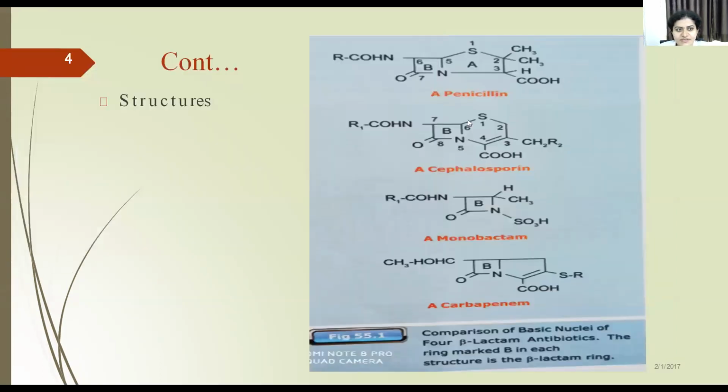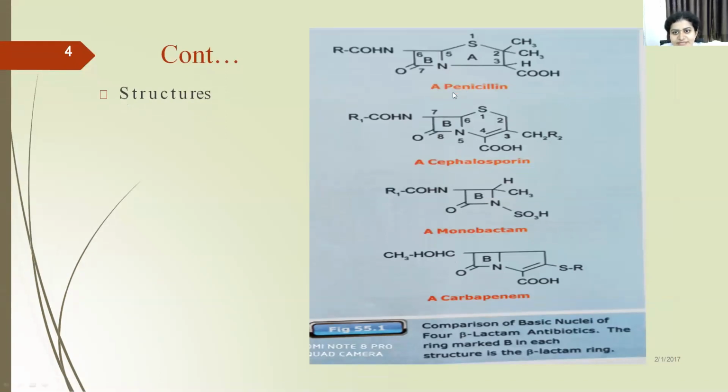Coming to the structure of penicillin. Penicillin is formed of two rings: this is the A ring, this is the B ring. The A ring is called the thiazolidine ring, and it has a sulfur atom.